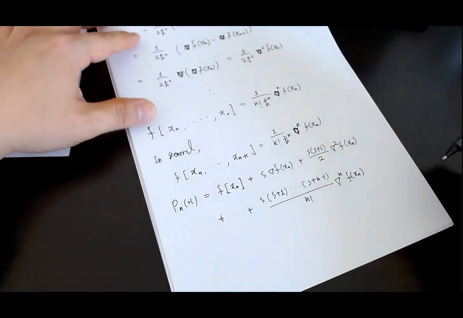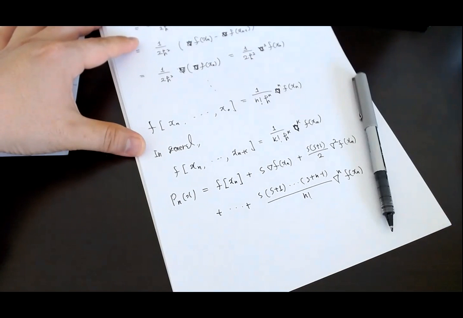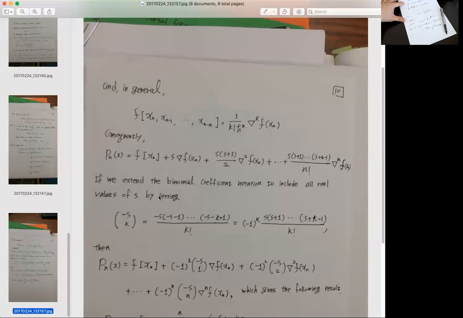So now back to the lecture note. We extend the binomial coefficient notation to include all real values of s by letting it be like this. We apply the binomial coefficient notation to negative s and k.